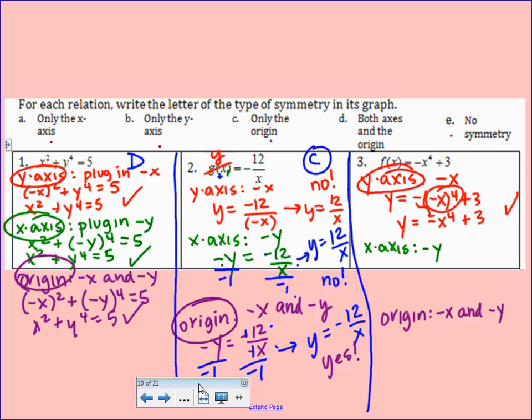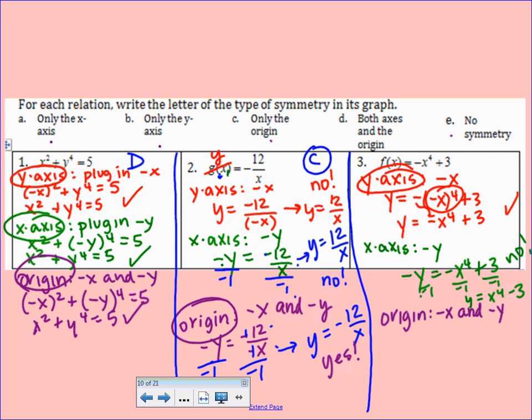Cool. When we plug in negative y, this is another question I got. What are you going to do here? Divide or multiply by negative 1, same thing. Do you divide just this one? No, both of them. So it would be x to the fourth minus 3. Is that the same? No. I know this is painful.